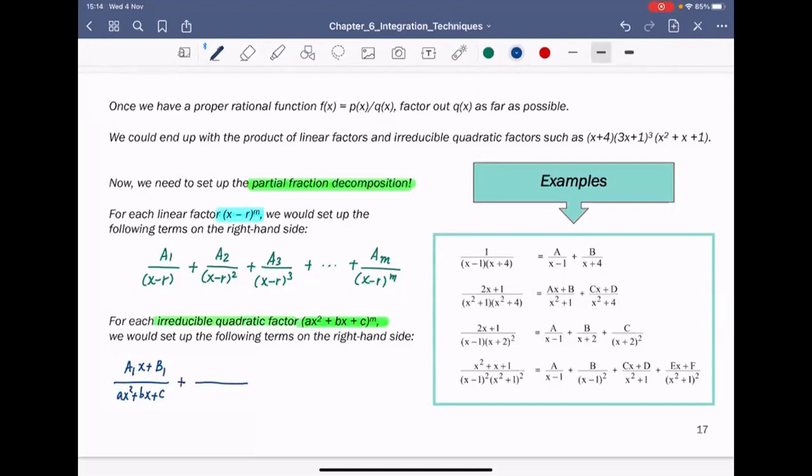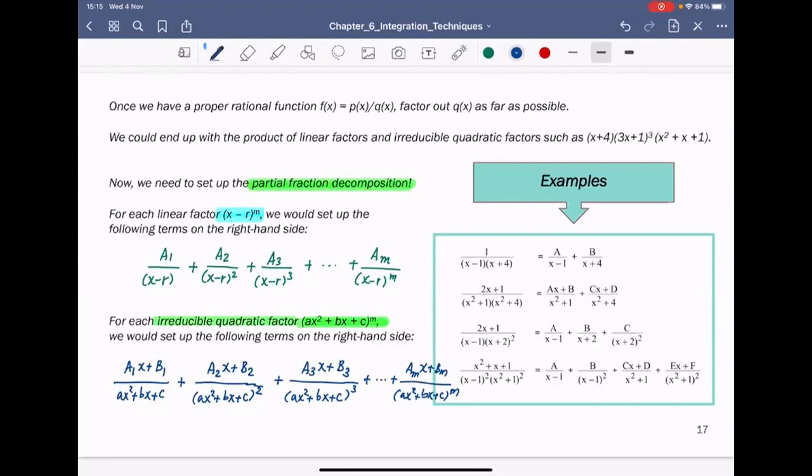And then plus, here I have (ax squared plus bx plus c) squared, so the top is going to be a2x plus b2. Plus, this is (ax squared plus bx plus c) cubed, and on the top I'm going to have a3x plus b3, plus dot dot dot, up to, if you have m terms, amx plus bm over (ax squared plus bx plus c) to the m.